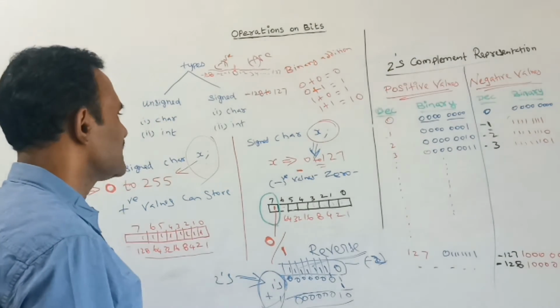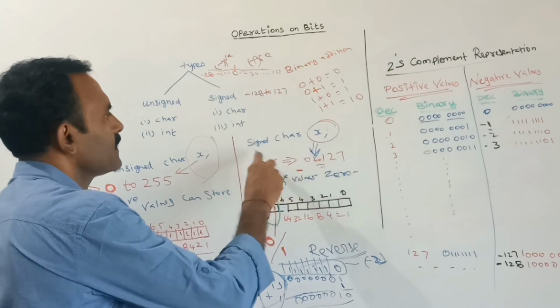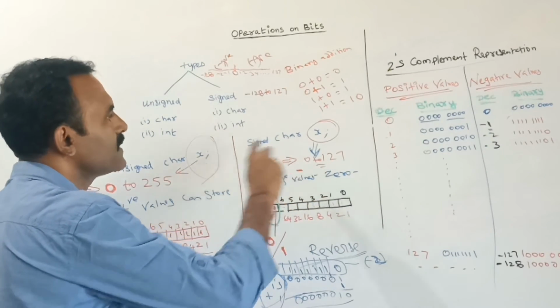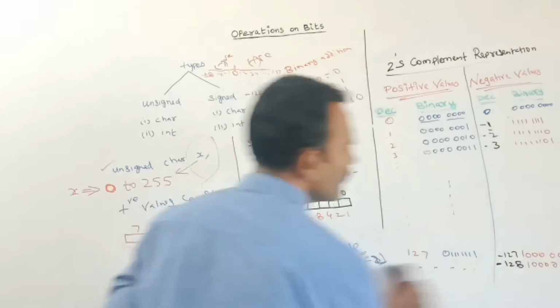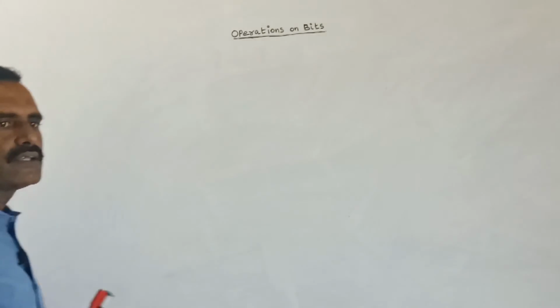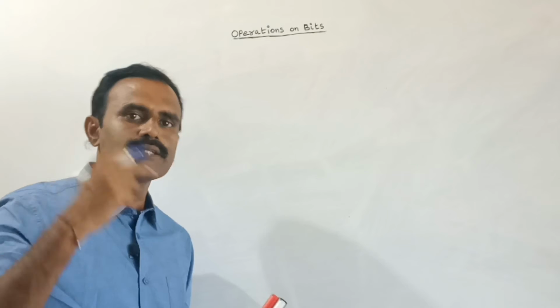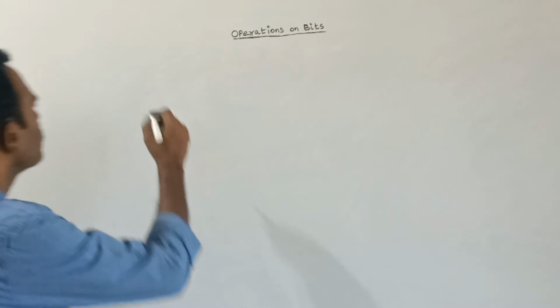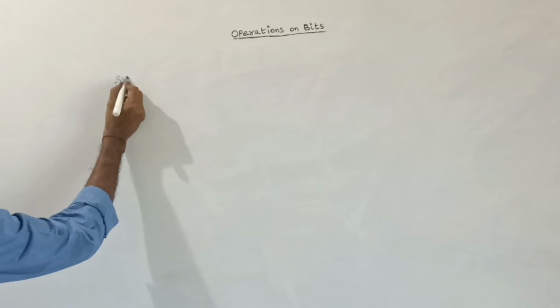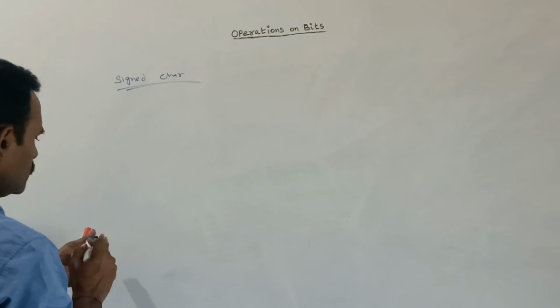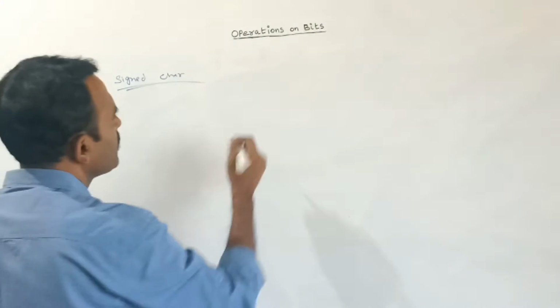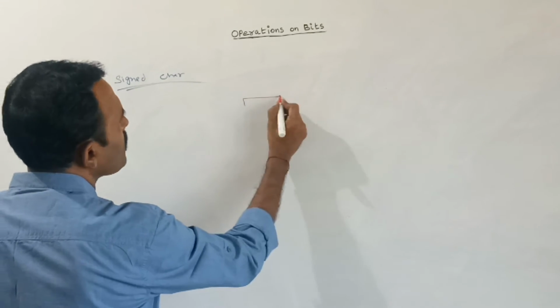Now let us see the signed character, that is how to shift the signed data type. Already we have seen some examples in the unsigned data type. In similar way, for the signed character data type, how many bits does it contain? It contains 1 byte, that means totally 8 bits.